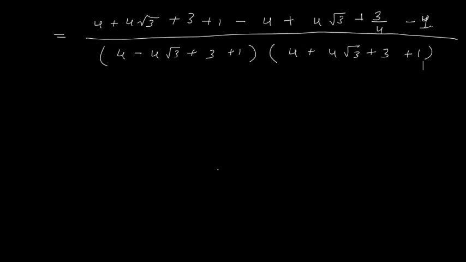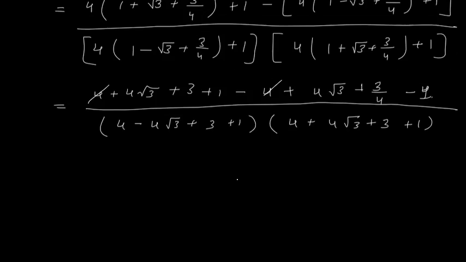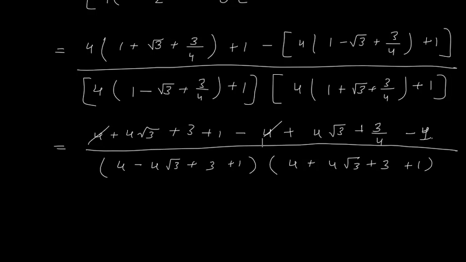Okay, so now this 4 and this 4 we cancel. This is 4 into 3 by 4 is 3, but this is minus 3. So I will write minus 3.